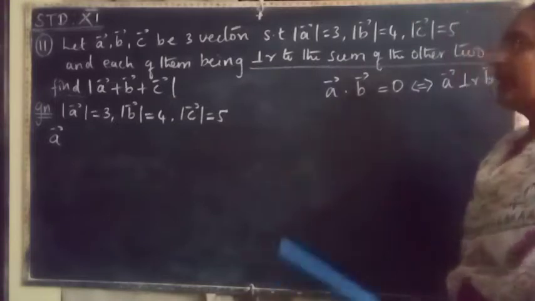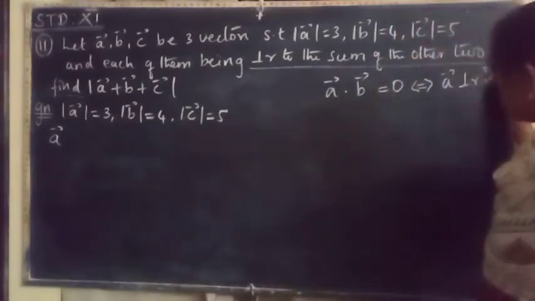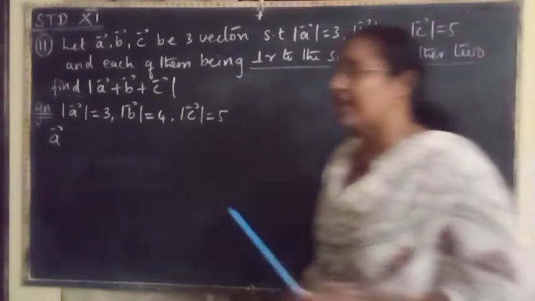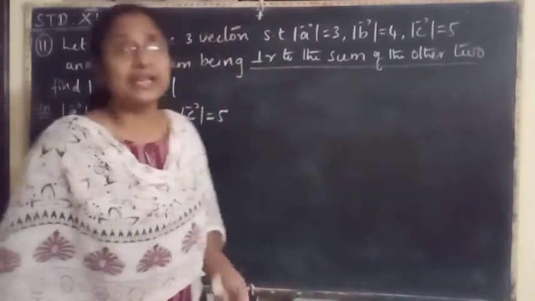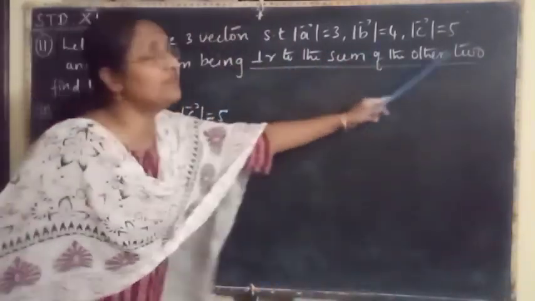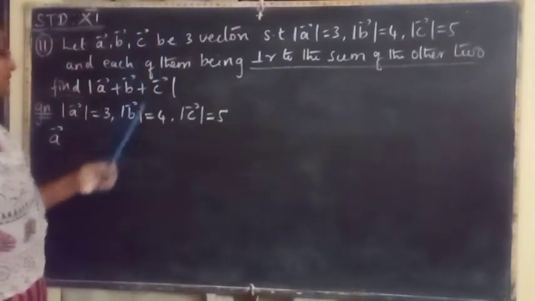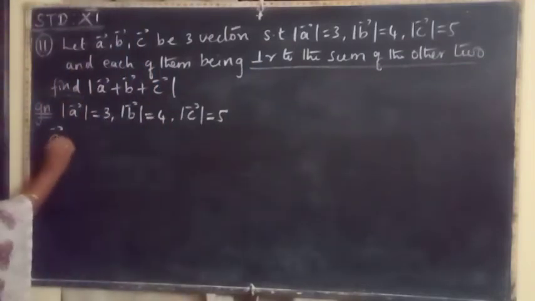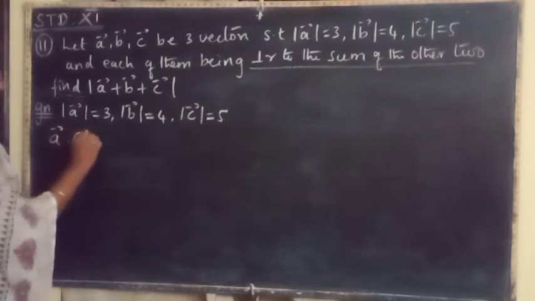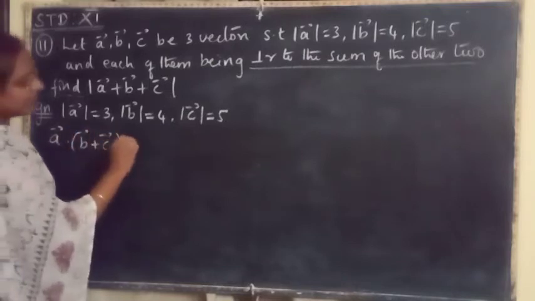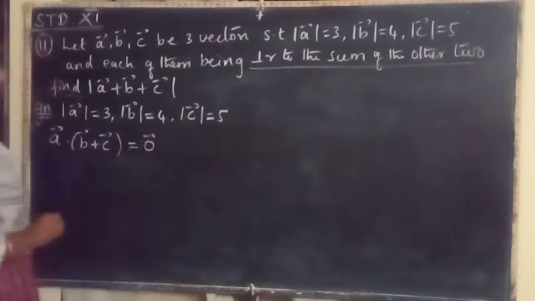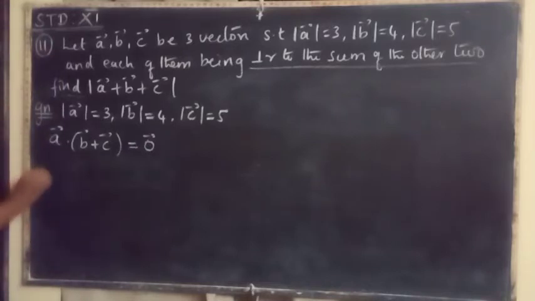Yes or no? Okay. In the same way, we are going to discuss now that A vector is perpendicular to the sum of the other two vectors. What are the other two vectors? They are B and C. So A vector dot B vector plus C vector is equal to what? 0. Okay. Now what is the next one?